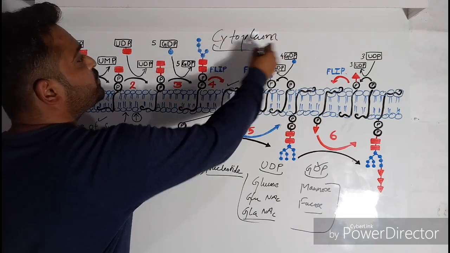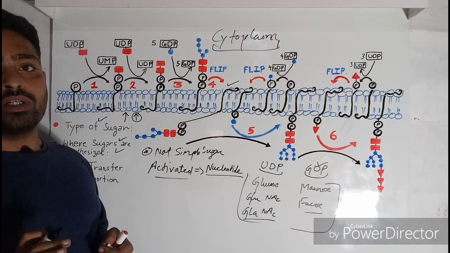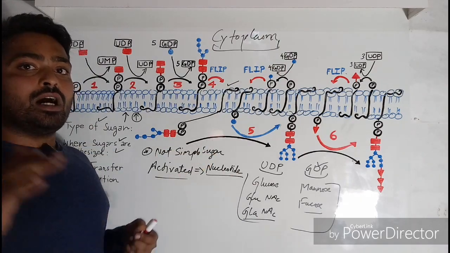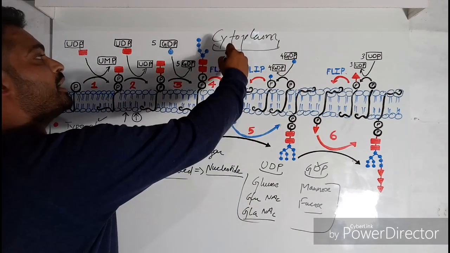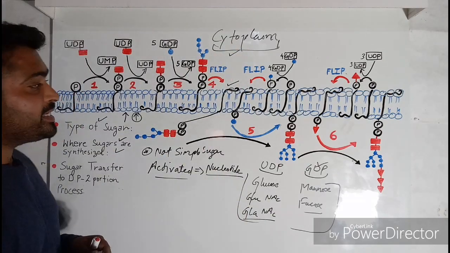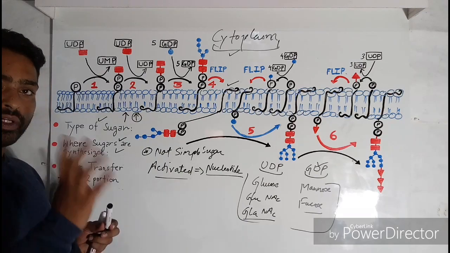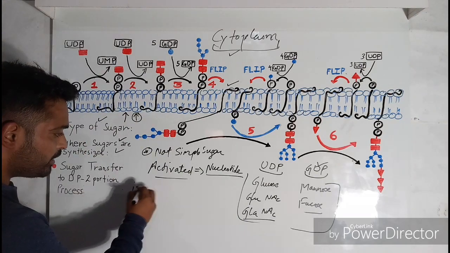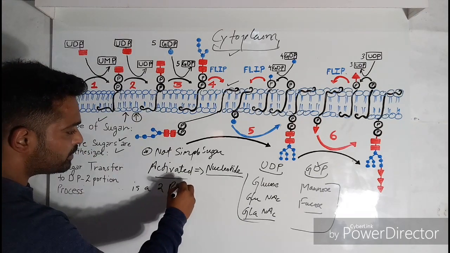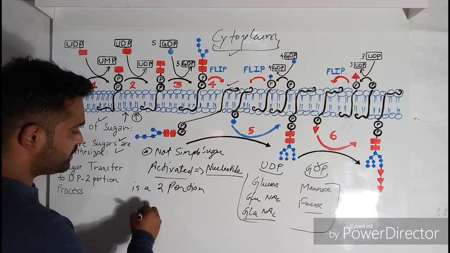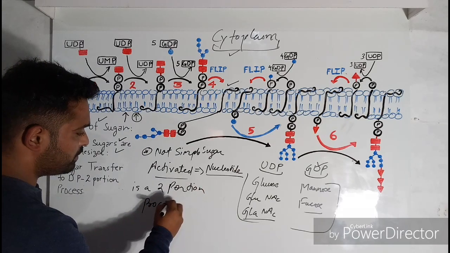Okay, the sugars which we would transfer to the Dolichol phosphate and then to the protein are all formed in the cytoplasm. The third point is that the transfer of these sugars to the Dolichol phosphate is a two-portion process.